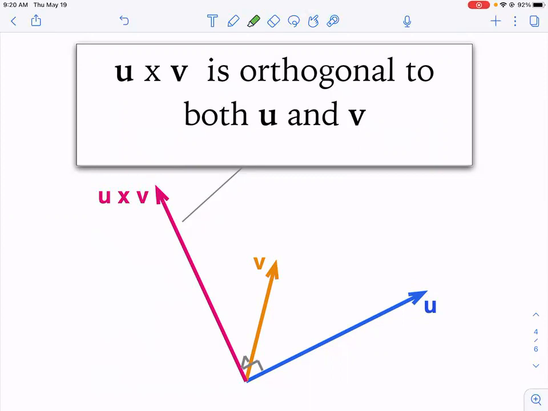You take 2 vectors, you create one that is orthogonal to both. Your vector is perpendicular to both U and V. It's something that's actually very helpful when you get into writing lines, writing planes in 3 dimensions, okay?